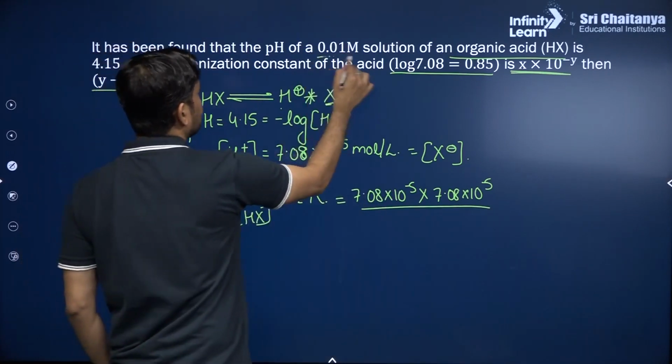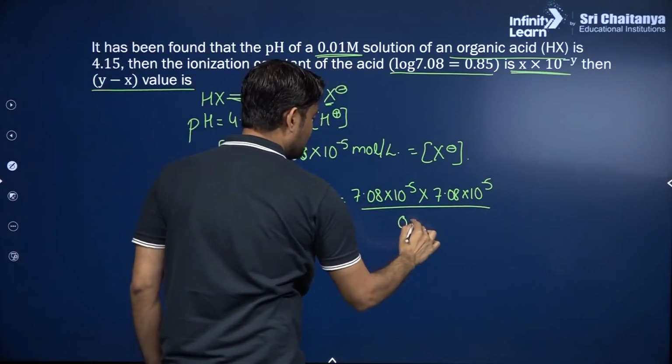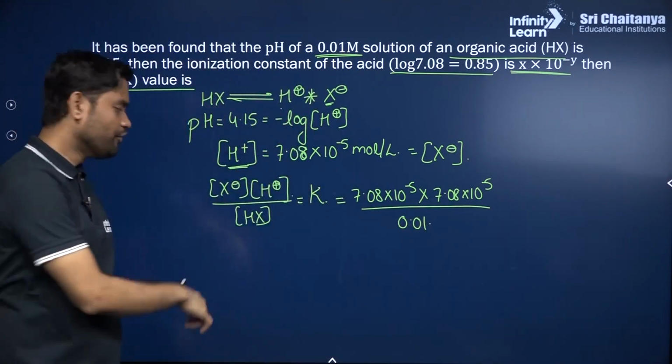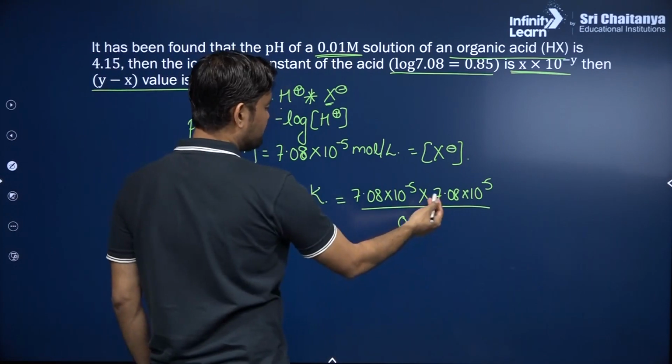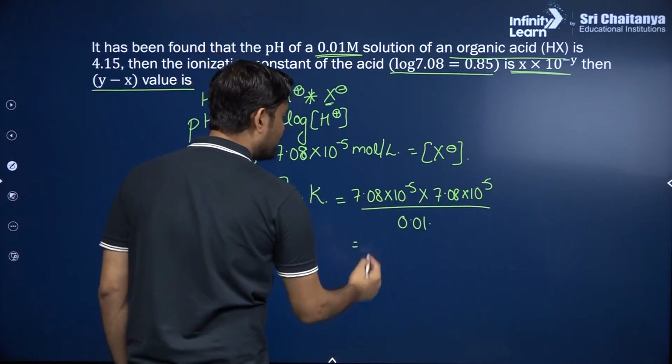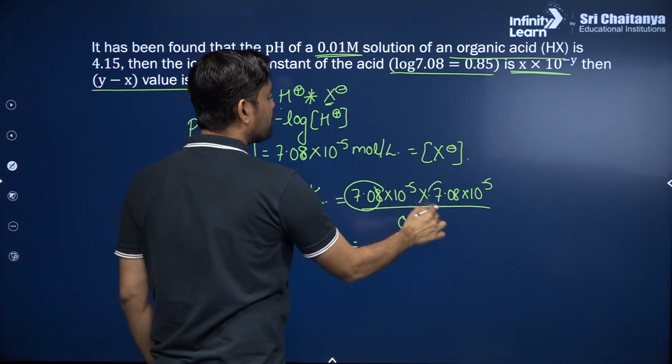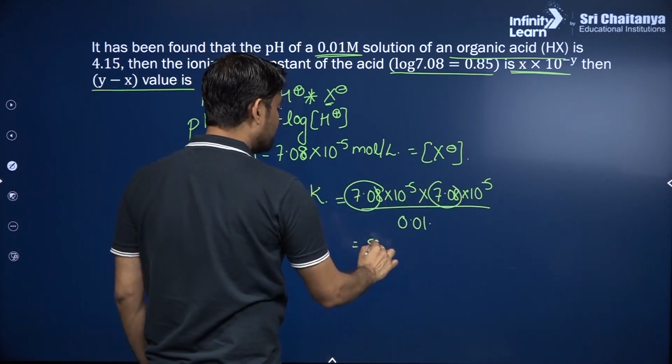The concentration of HX, that is the acid, is 0.01 molar. Clear? If we solve this, 7 7s are 49, so it is approximately equal to 50.